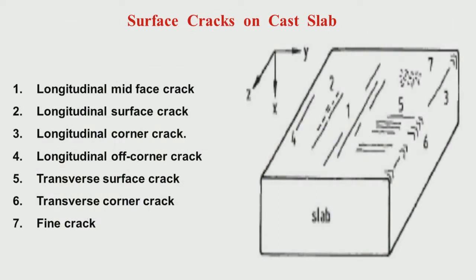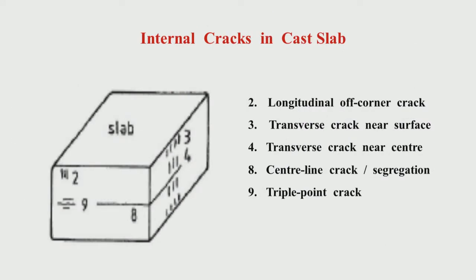Similar is the case for slab. This is the central line crack or segregation. Normally you can have both crack and segregation. So why does the crack form predominantly at the center? Because there is extensive shrinkage; this is the last area to solidify.